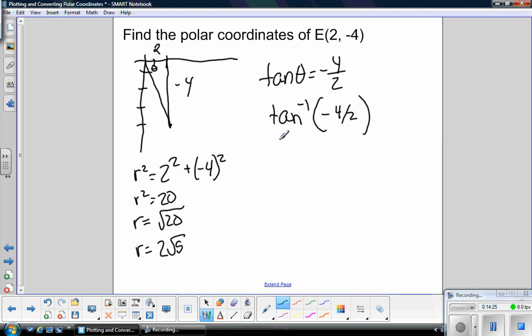And when I do that in my calculator, we get -63.44. So my coordinates are 2 root 5 radius, and then theta is -63.44. If you think about it, if you rotate down the negative angle, that puts me at the right terminal side, and then I went out positive for my radius, so that makes sense.